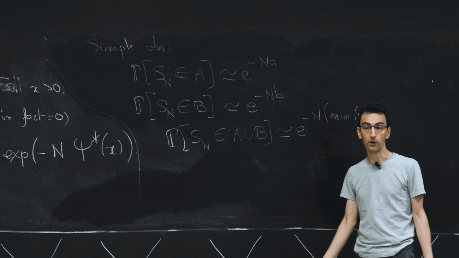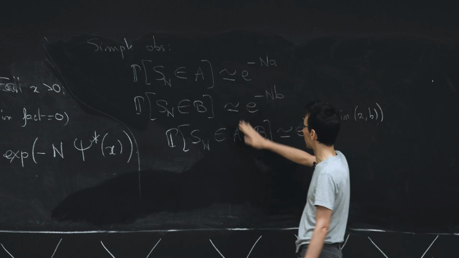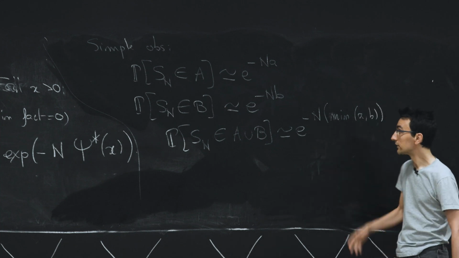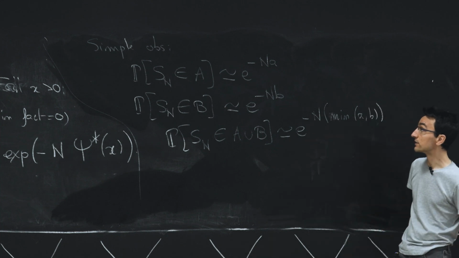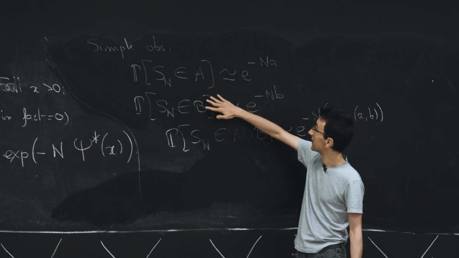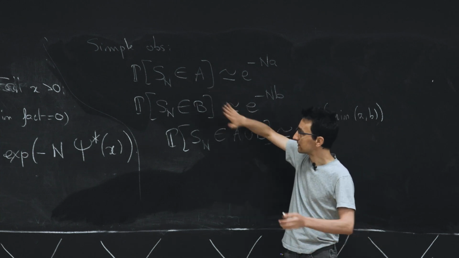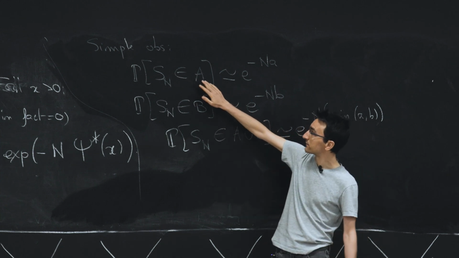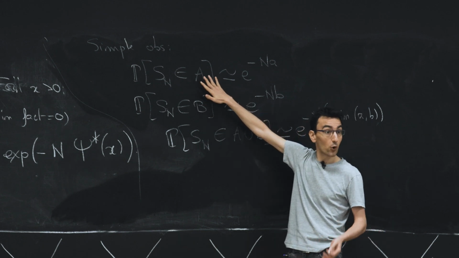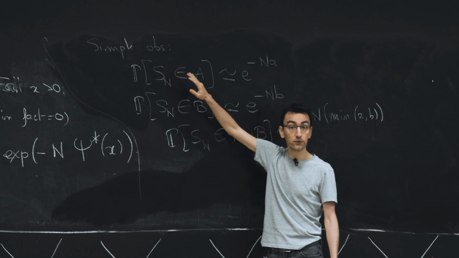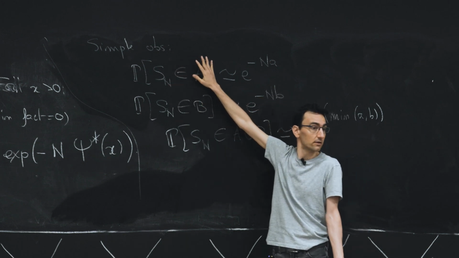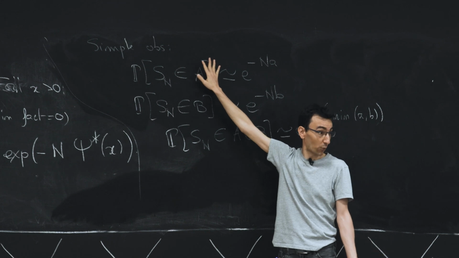And the converse bound is just easier. If a is the best, you just upper bound this by the probability that Sn is in A. Okay, and so this is a very simple observation. But the important aspect that I want to emphasize is that, let's forget about uncountable sets for a second, say A and B are finite. You don't need to remember the shape of A in order to understand this question. You just need to know basically the only element which Sn is going to pick in order to satisfy this probability.